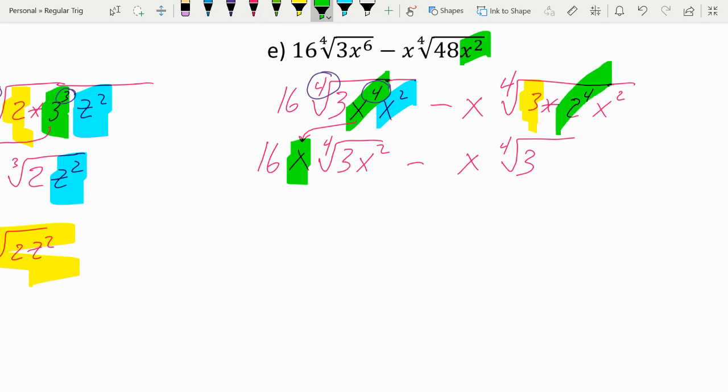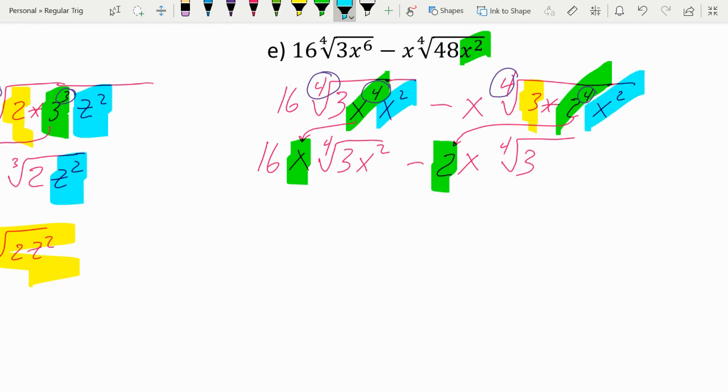This 2 to the fourth power, I'm going to drag that 2 out because, again, it had an exponent of 4. That index and that exponent are exactly the same, so I'm going to drag it out.